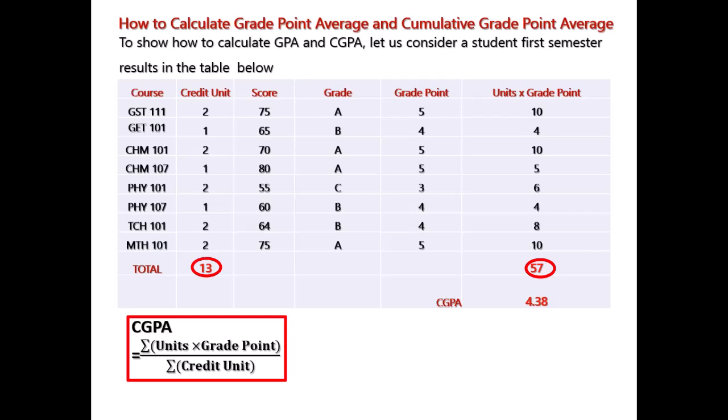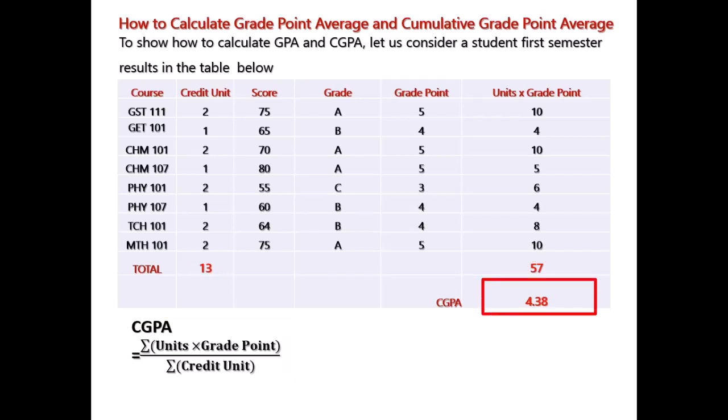So if you divide 57 by 13, you will get 4.38. Usually most institutions use 2 decimal places. They round it up to 2 decimal places. So that's why you have 4.38. That is the CGPA for the very first semester.